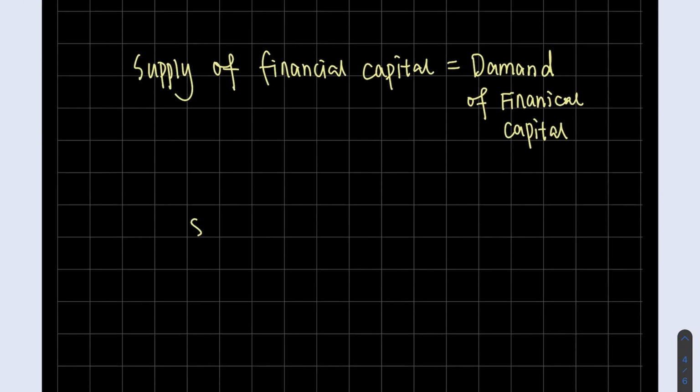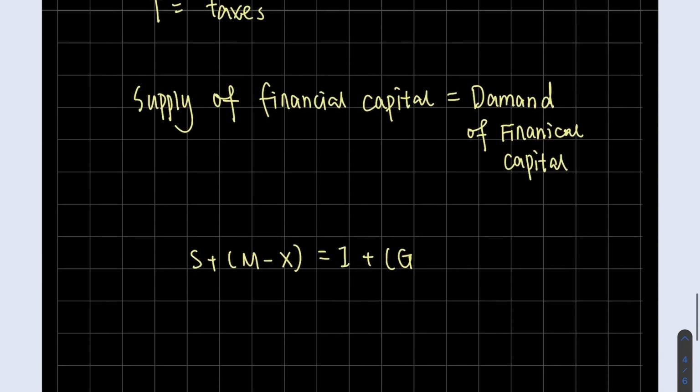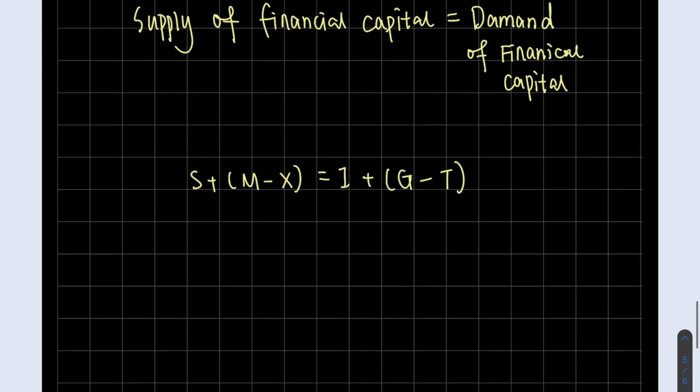So S plus the trade deficit, which is M minus X, should be equal to the investment plus the government spending minus the taxes, right?